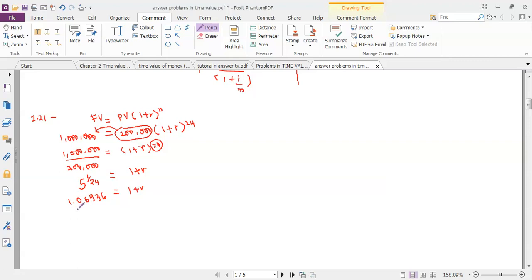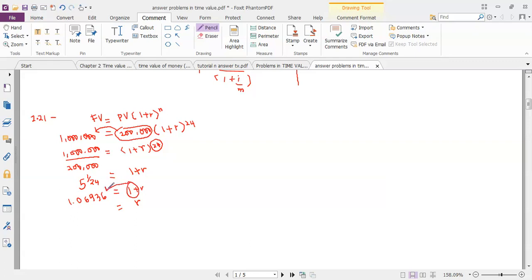So mine is 1.06936, and then it is equal to 1 plus R. So how to solve R? Let R be alone, and then this 1 plus, you transfer to the left. 1.06936 you minus with 1, because the 1 plus, if you transfer to the left, will change to minus.